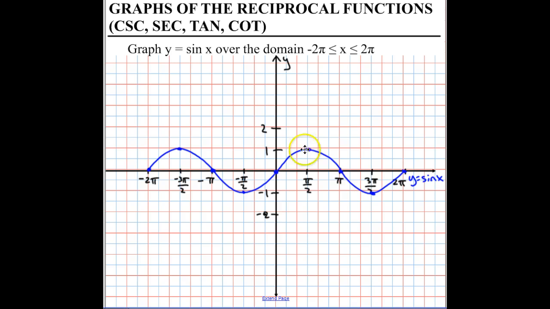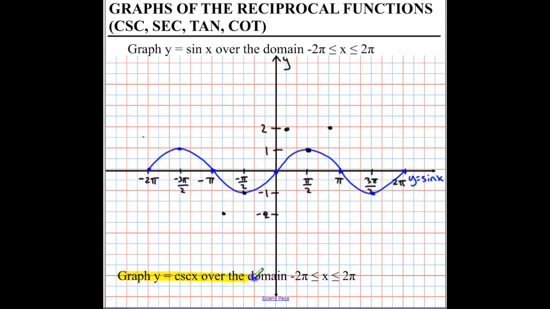Another point that I'm looking at here is the point half. It occurs twice here. So I'm going to plot those points. 1's reciprocal is 1. Half's reciprocal is 2. Over here, negative 1's reciprocal is negative 1. Negative half's reciprocal is negative 2. That happens twice.